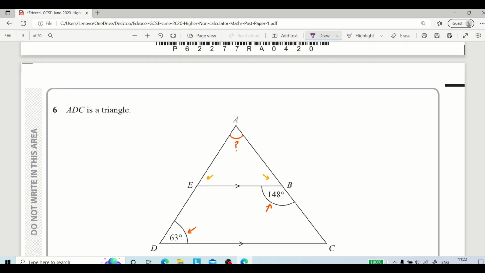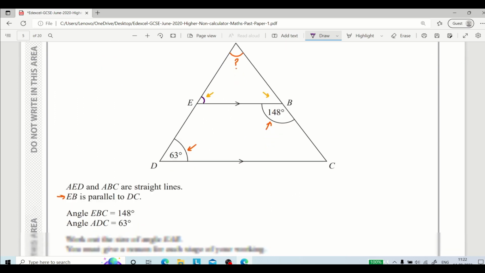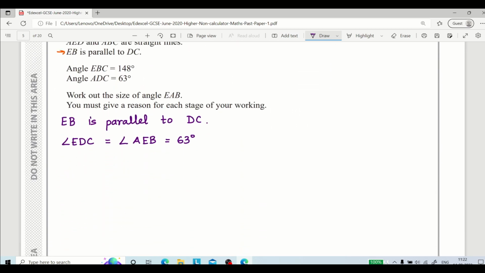So it is AEB, this one, and angle EDC, this one. So these both are corresponding angles, right? So let's just write this down. Why is it so? Just because these are corresponding angles. So here we have got one angle. Now we are just left with angle ABE.